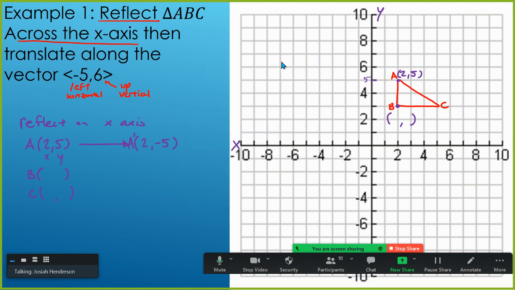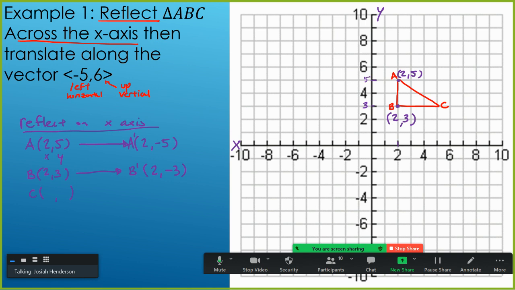Savannah, high five, dude. Exactly. How did she get 2, 3? She looks at point B and she looked down for its x number. It's right at 2. She looked to the left to find its height at a 3 there. So we do the reflection, and new B is at 2, -3. We're using the reflect on x-axis rule.